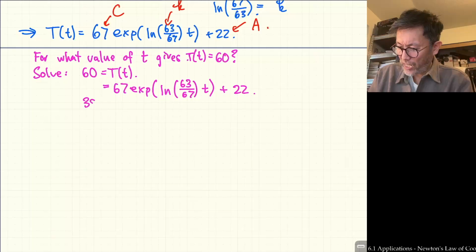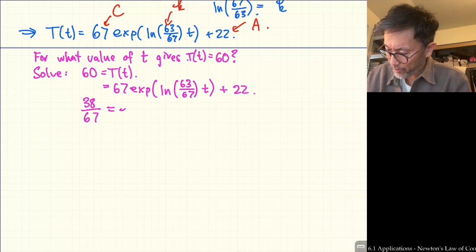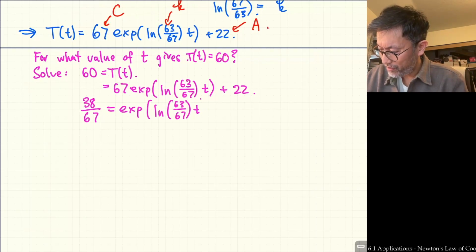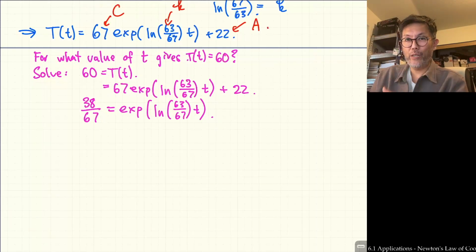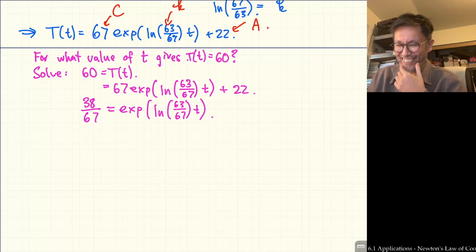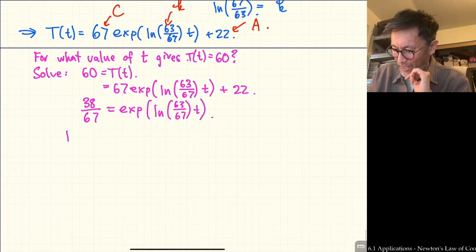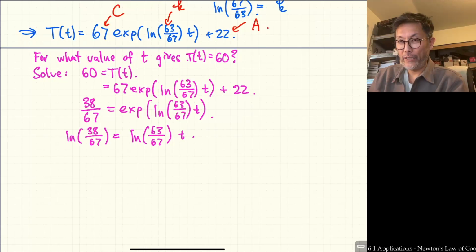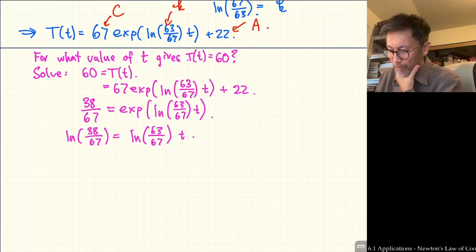So I get 38 over 67 is equal to the exp of the natural log of 63 over 67 times t. I'm going to take the natural log of both sides. So I get natural log of 38 over 67 is equal to the natural log of 63 over 67 times t. And then I solve for t by dividing both sides.